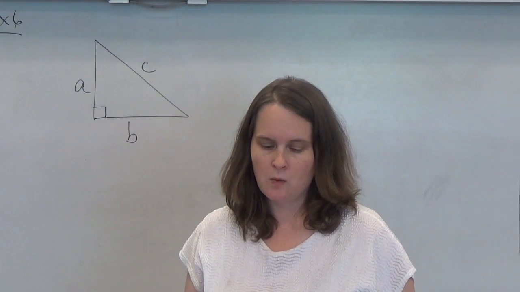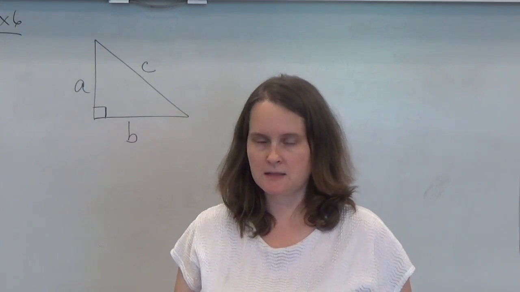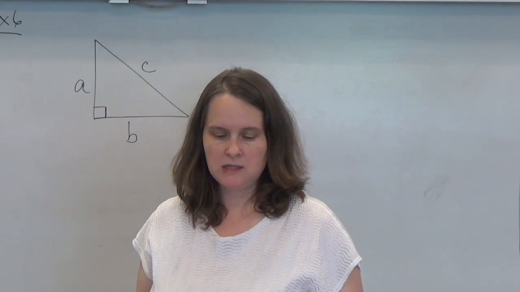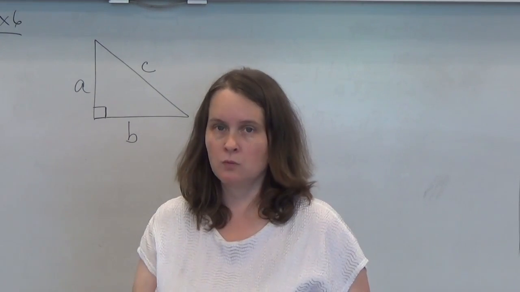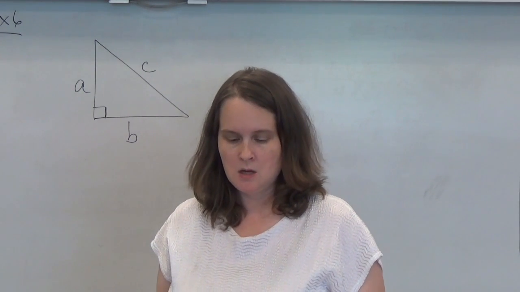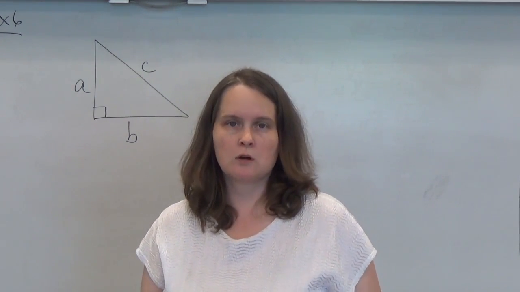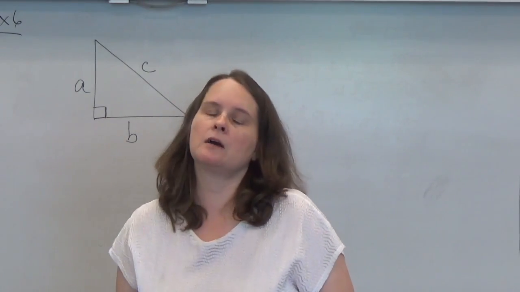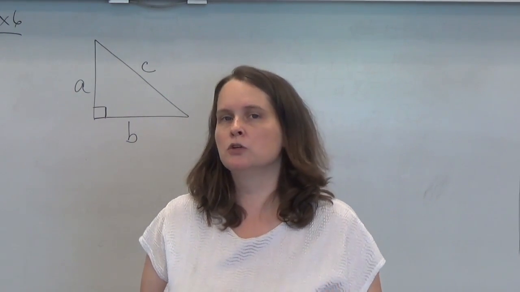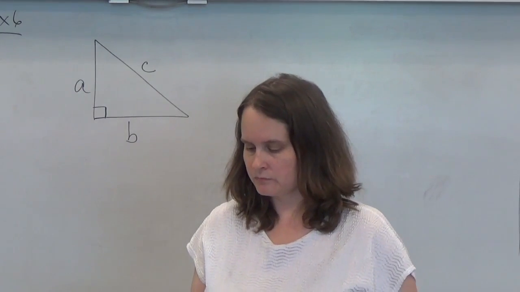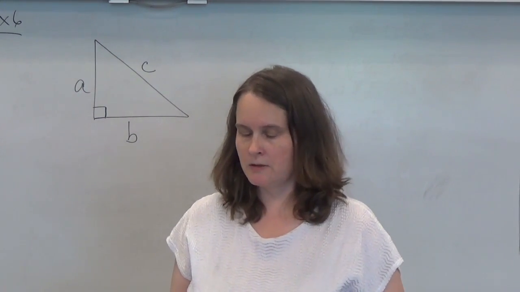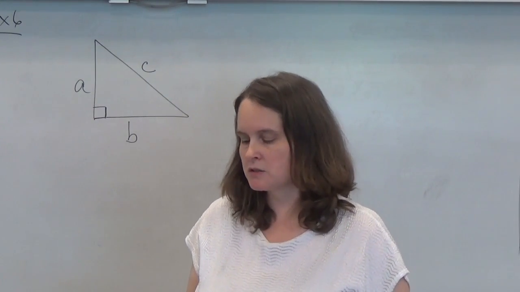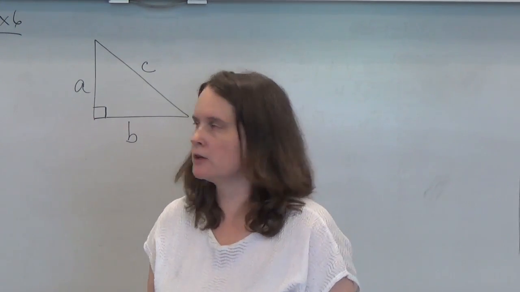So what would you think about how you want to choose x here? They told us that one leg is 2 feet longer than the other leg. So we know something about one of them, the other one we don't. Let's think of it in terms of shorter leg versus longer leg. Which of those do we know the least about? Okay, we know less about the shorter leg because the one that's 2 feet longer is going to be the longer leg.